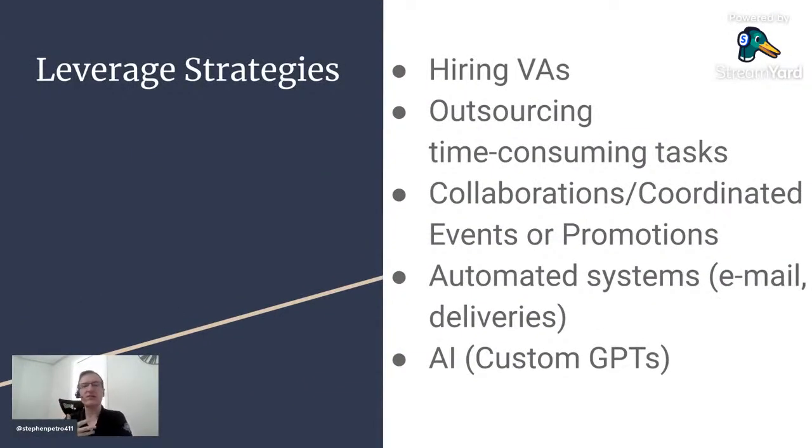So one, and this is a point that Tim Ferriss makes, is hiring VAs, virtual assistants. At some point, now you don't want to do this from the get-go if you have no money to spend. But once you start to get some cash flow and some customers, you want to strategically invest in virtual assistants to do things like the bookkeeping and maybe even customer service.